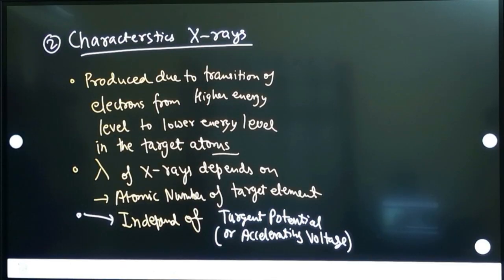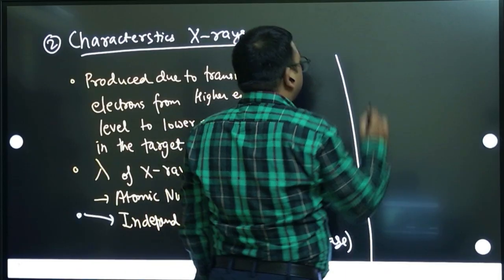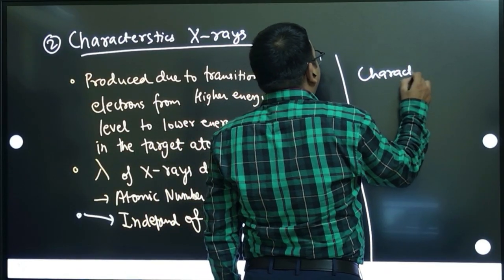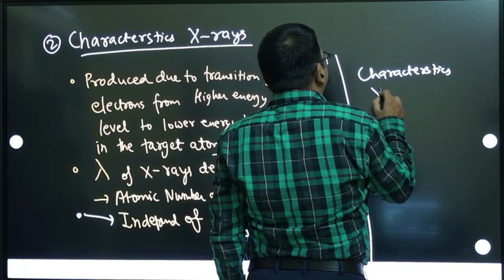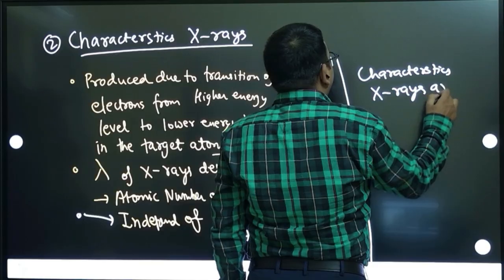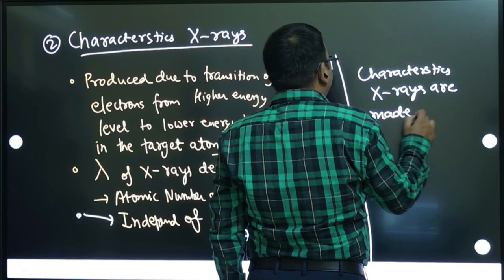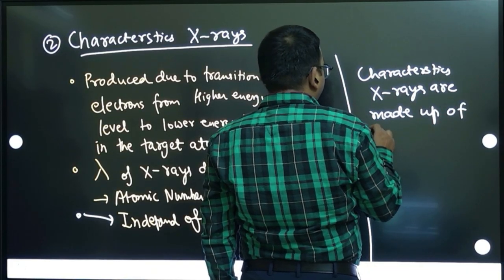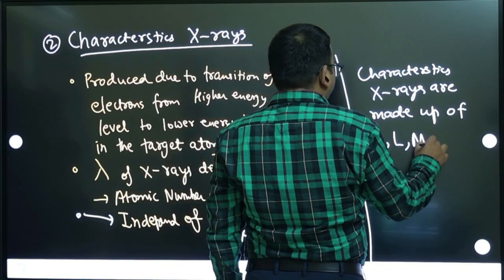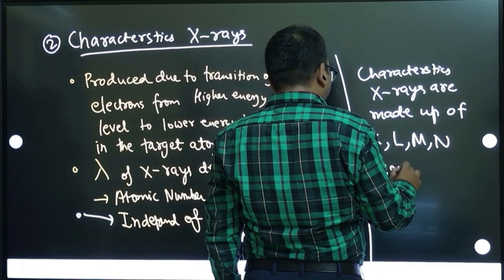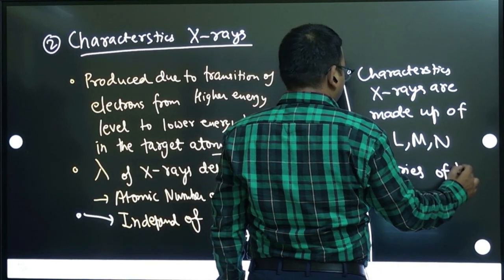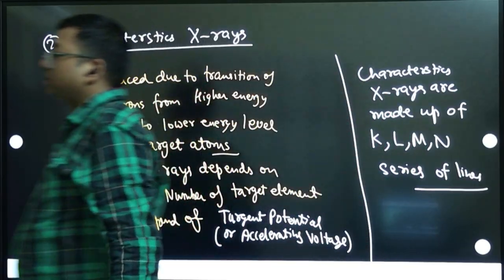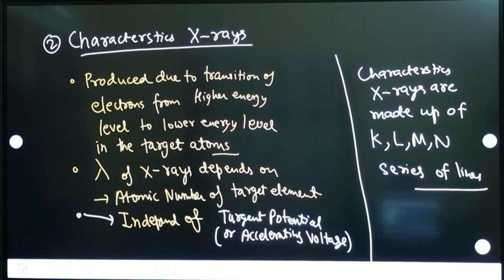Characteristic X-rays are made up of KLMN series of lines. We'll explain what it is.